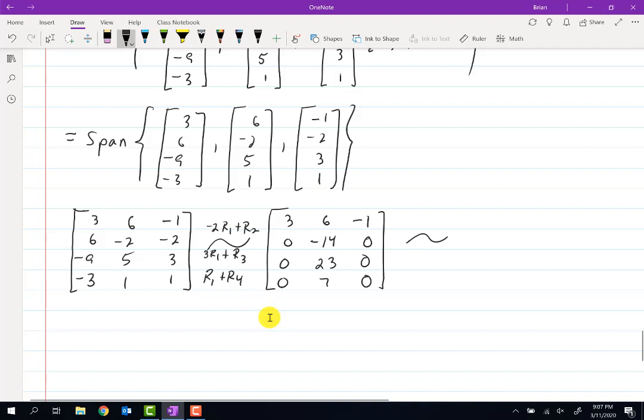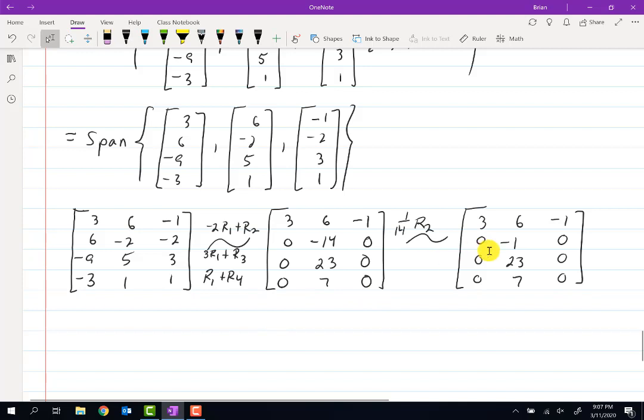I am going to divide the second row by 14. Now, if I take 6r2 plus r1, I'll wipe out the entry above it.